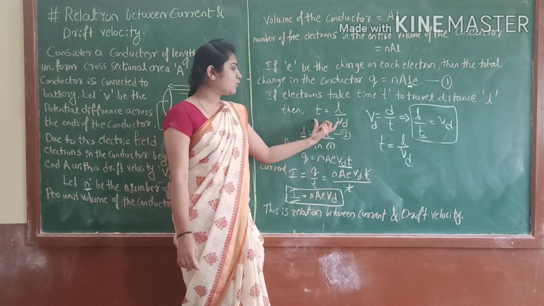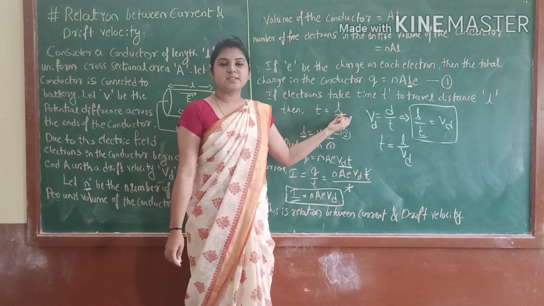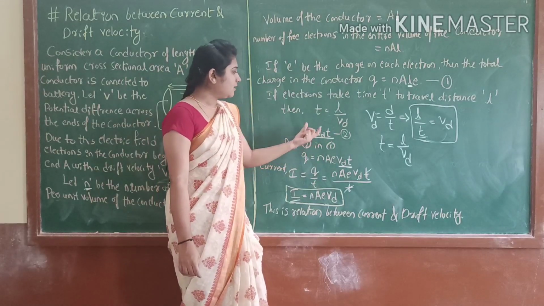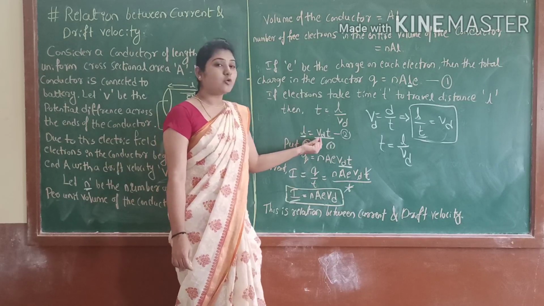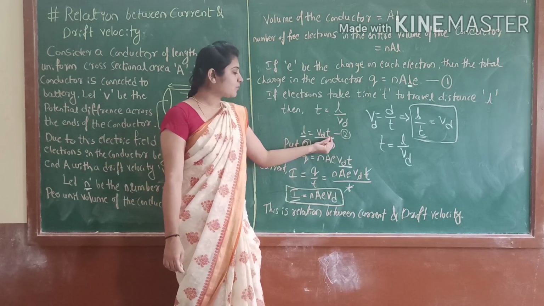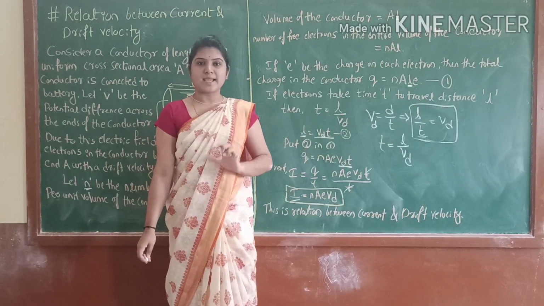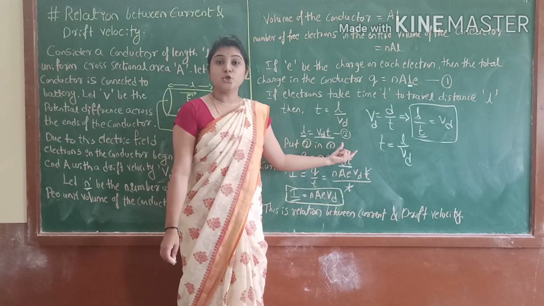Time t is the distance divided by drift velocity. So here I can write the distance L is equal to Vd into t, drift velocity into time. Correct? Take it as equation number 2.